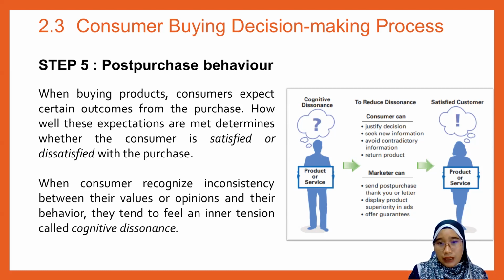So cognitive dissonance is what they feel, whether satisfied or not with the service. Sometimes to reduce the dissonance, if they feel not satisfied, what can they do? They can justify their decision. Oh, it's okay, there are 2 more weeks until the fasting month, the baju that doesn't fit might fit by then. They justify the decision, or seek new information.